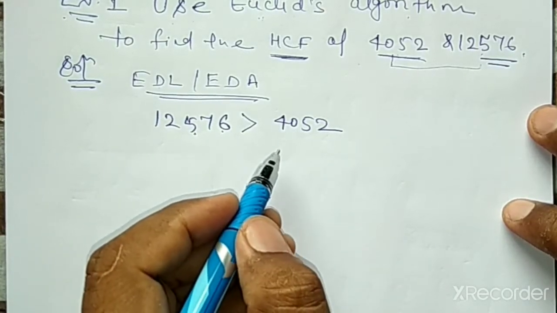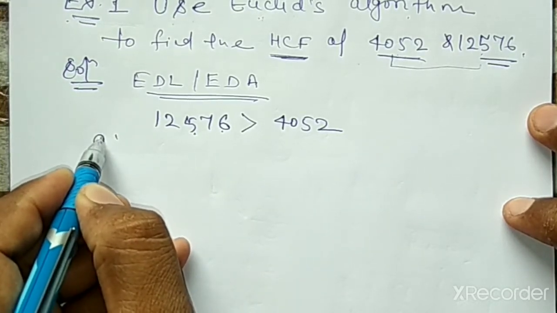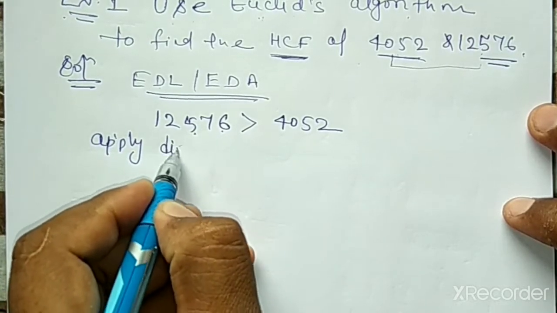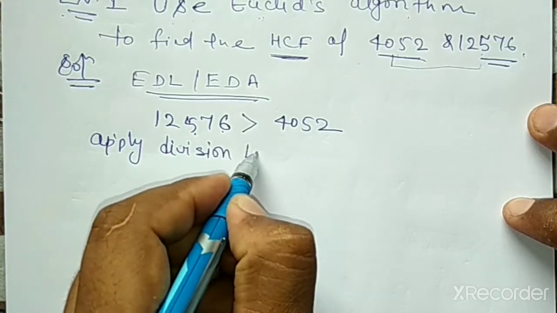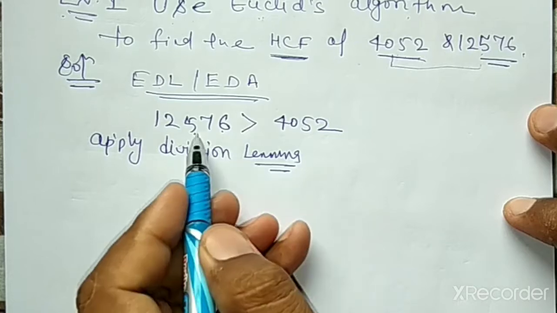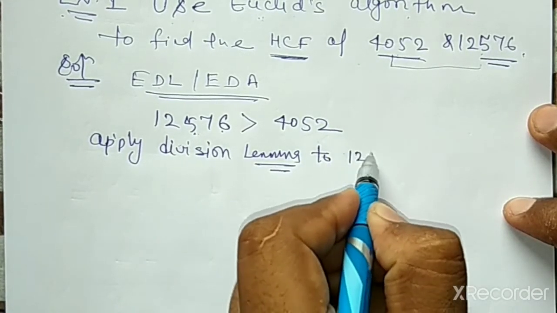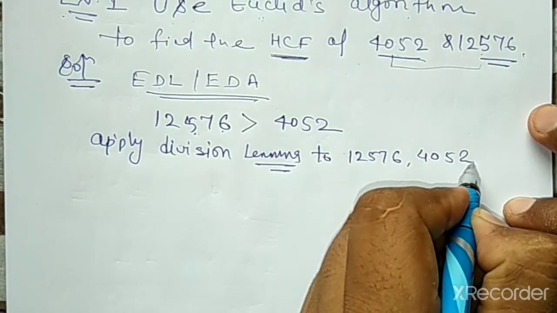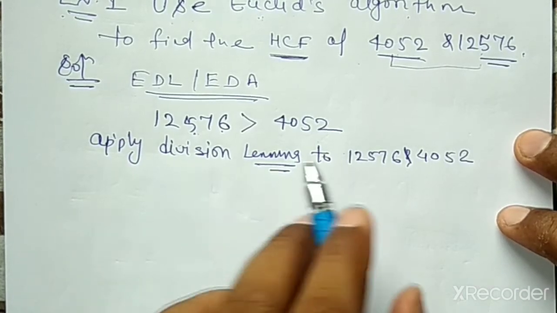So what we have to do here is apply the Euclid division lemma to both the numbers, to 12576 and 4052. We have to apply the Euclid division lemma for both the numbers.